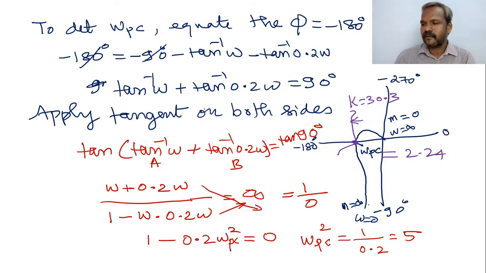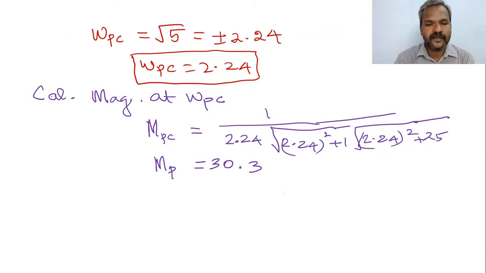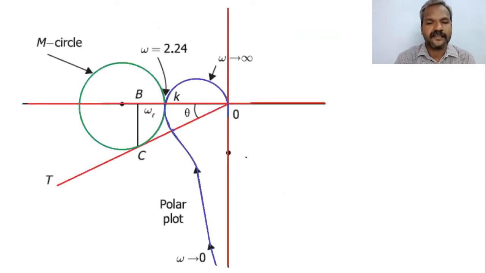So the OB value is 1 by K. Let's see the graph. This is the graph. Now we have to draw. After finding this, we can draw the line OT.